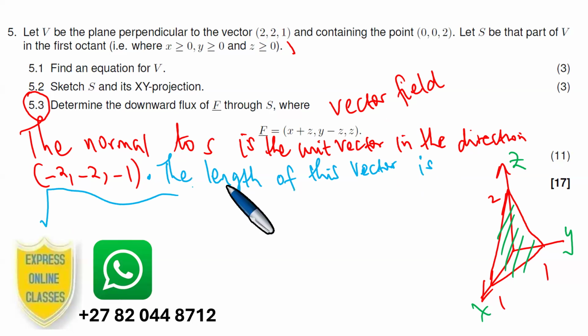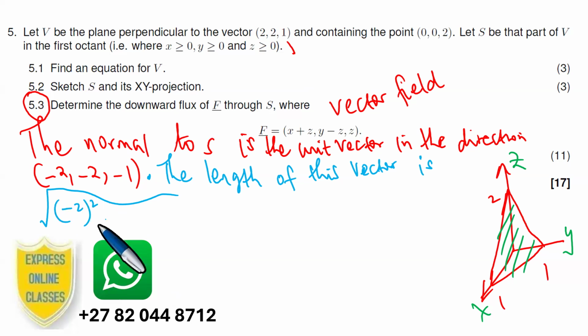Right, so now we're saying the normal to S is the unit vector in that direction. It's the unit vector in the opposite direction to this, because this is 2 to 1, and therefore the normal to S is the unit vector in the opposite direction. Opposite to 2 to 1, you multiply 2 to 1 by negative, and then you have this one. So that the normal of this vector becomes the following.